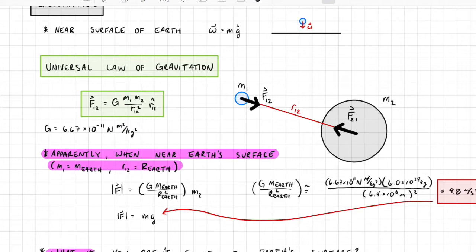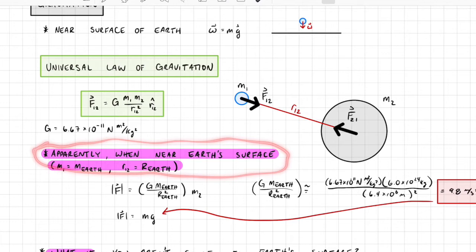So this right here is the more general expression for determining the force of gravity on an object due to the fact that there's another massive object nearby. And so I've highlighted this here.